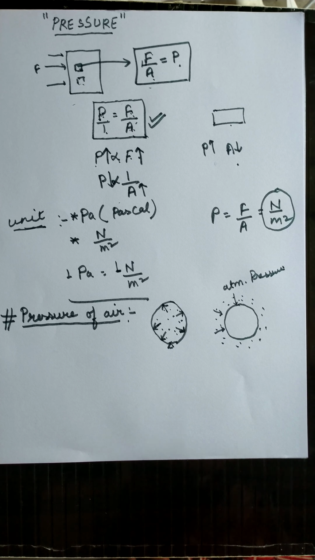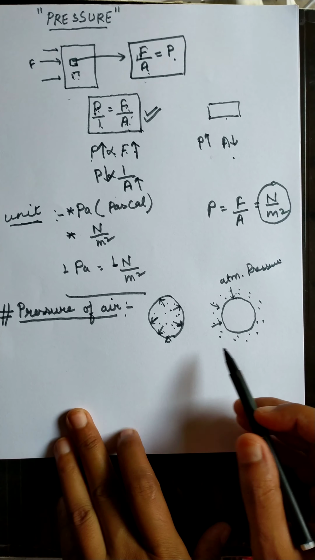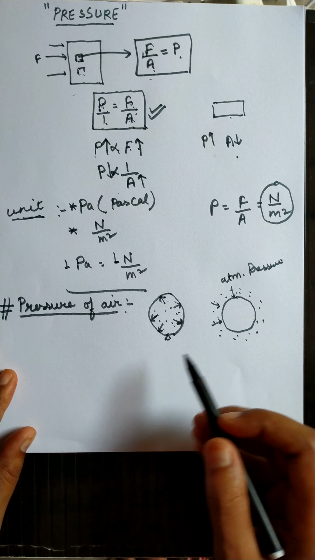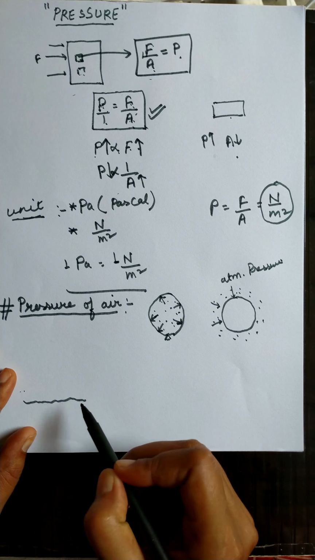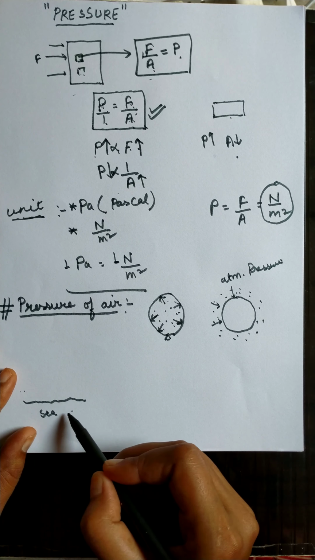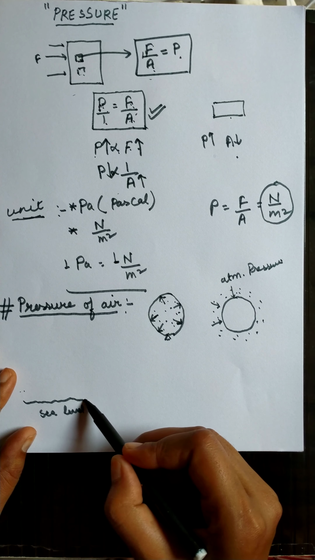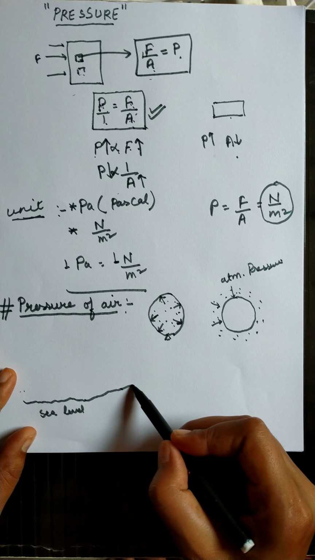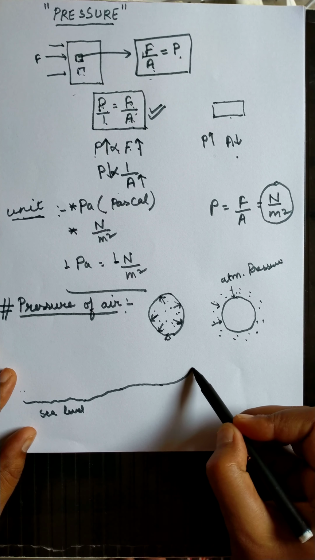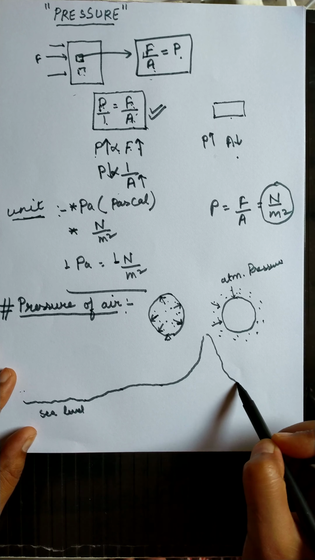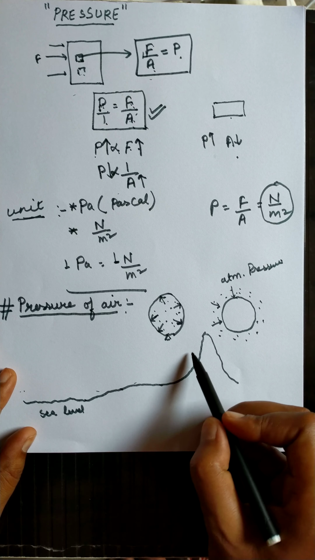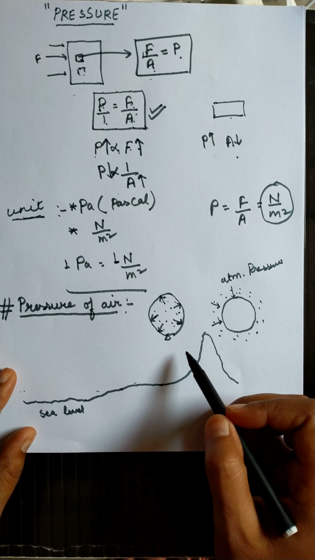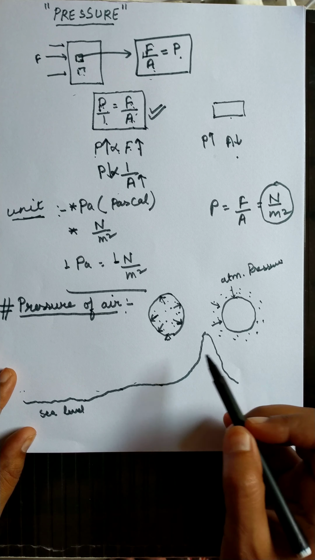Now the next thing you have to remember: to calculate the pressure, suppose this is the sea level, and as we increase the height, this is the ground and these are the mountains. As the height from the sea level increases, the pressure comparatively begins to decrease.